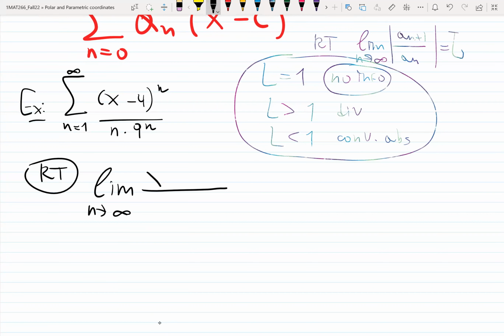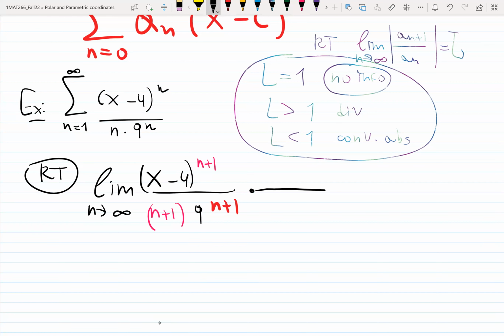So everywhere I see n, I plug in n plus 1: (x minus 4) to the n plus 1 over 9 to the n plus 1. That is the first fraction.